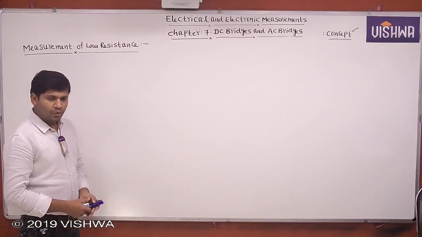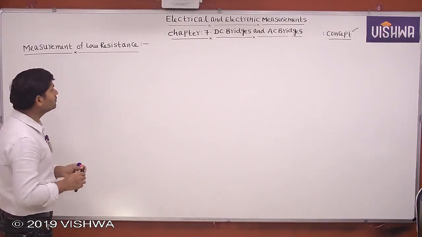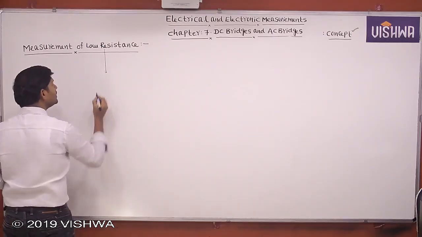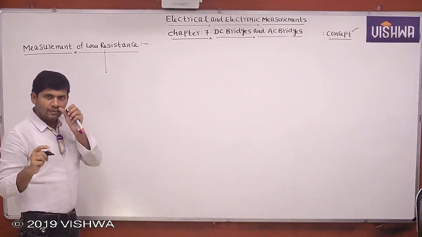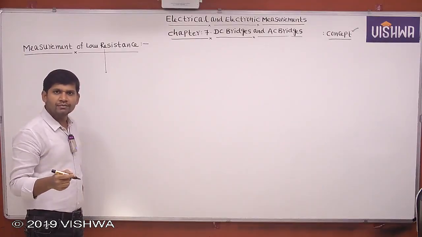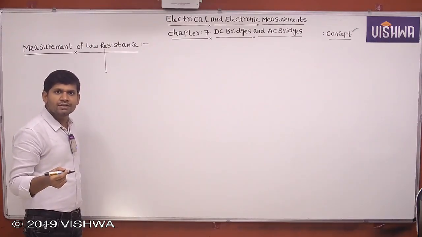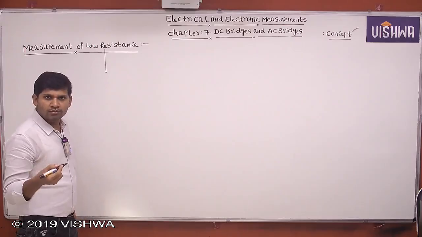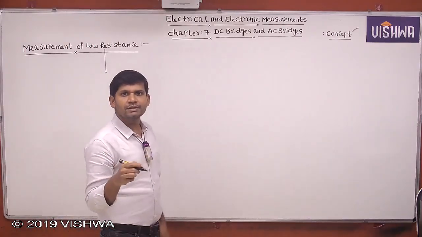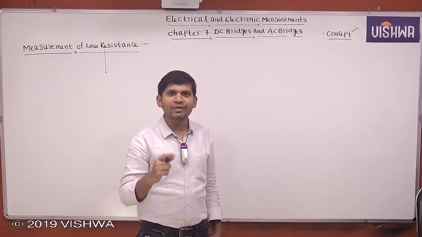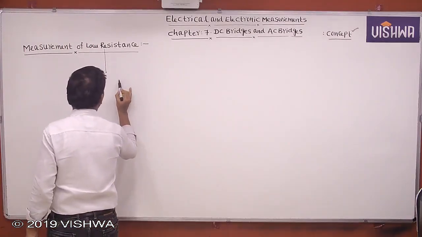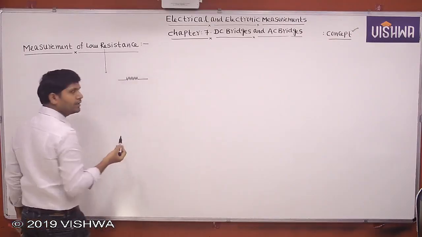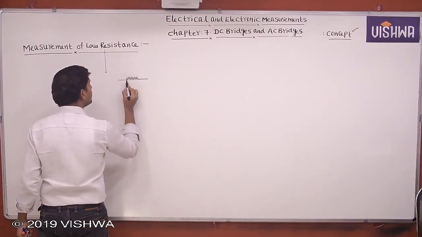I already told you in the introduction that one difficulty in the measurement of low resistance is the lead wire, connecting wire or contact resistance, which makes the errors larger. Generally the resistance is represented like this, but we can represent this low resistance with 4 terminals.